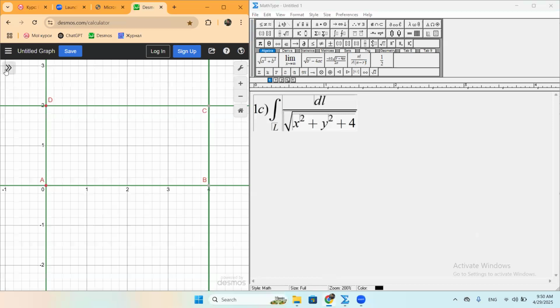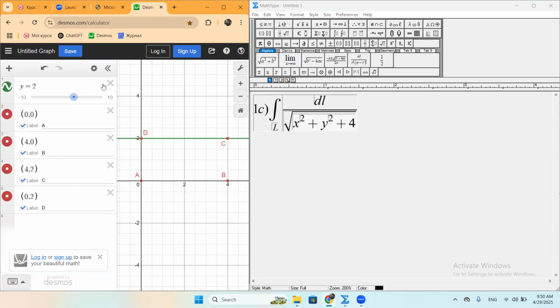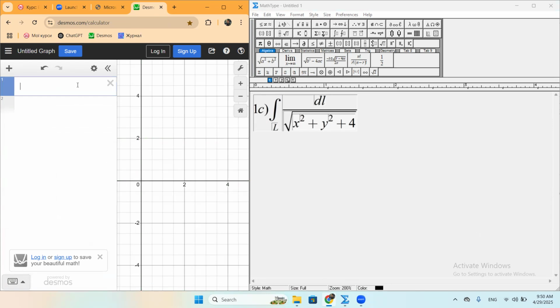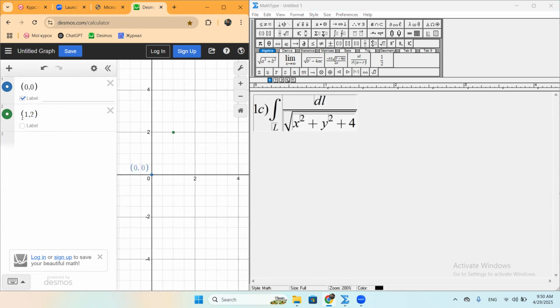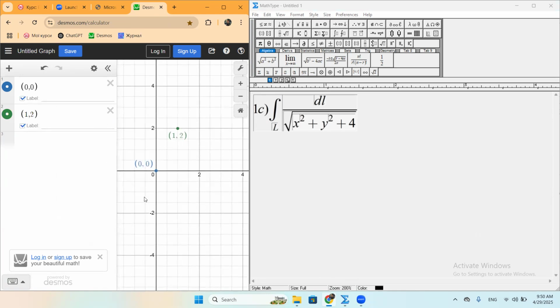Let's put these points. Of course, we can write down the equation of the straight line, but for now, let's go with the fastest solution.